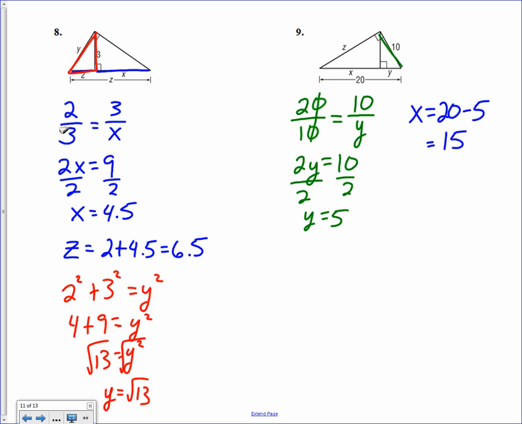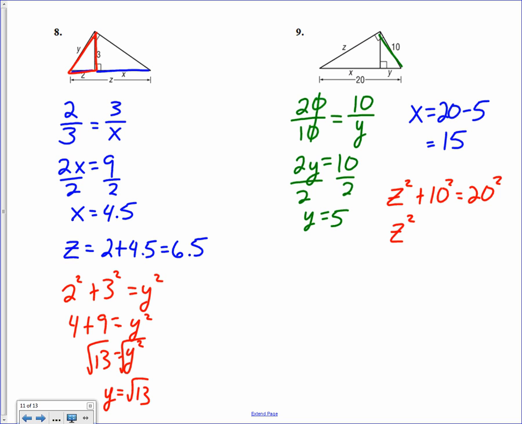And finally, solving for z, I'm just going to suggest that we do solve it using the Pythagorean theorem. Z is one of the legs. 10 is the other leg. And 20 is the hypotenuse.